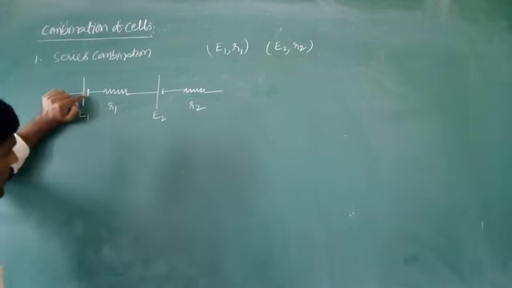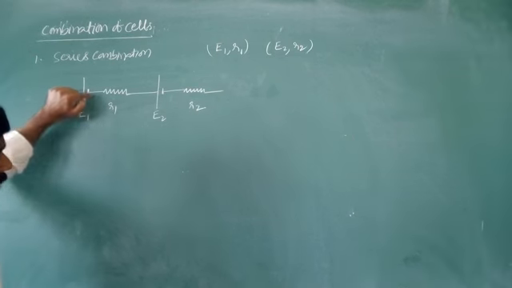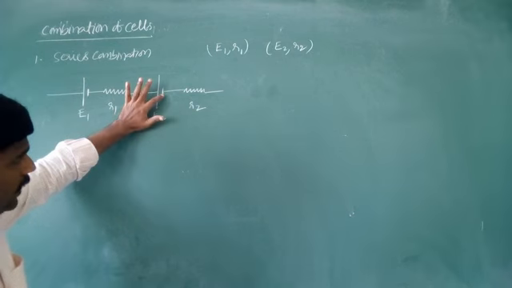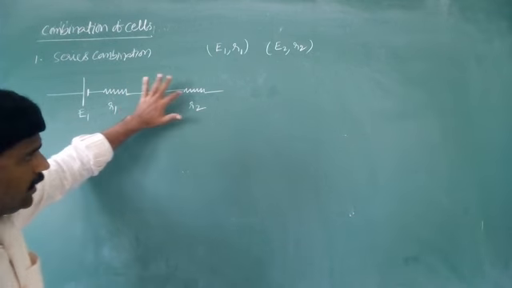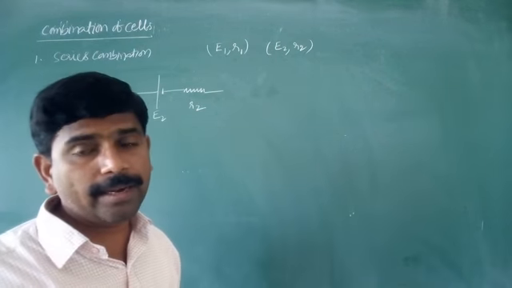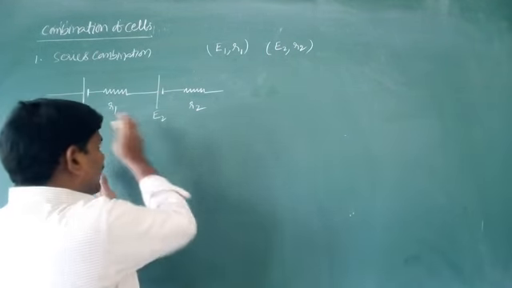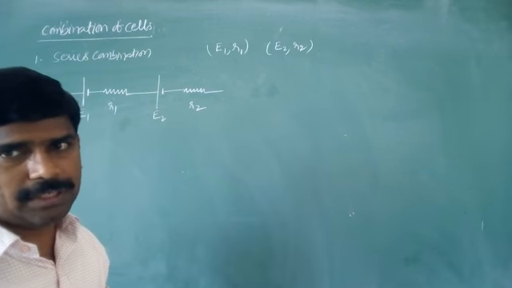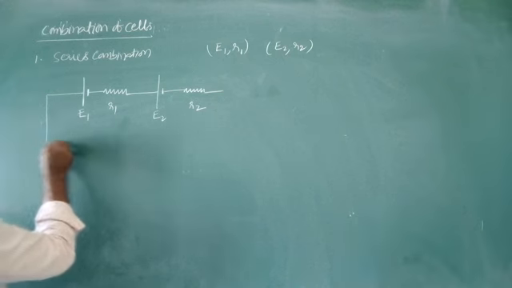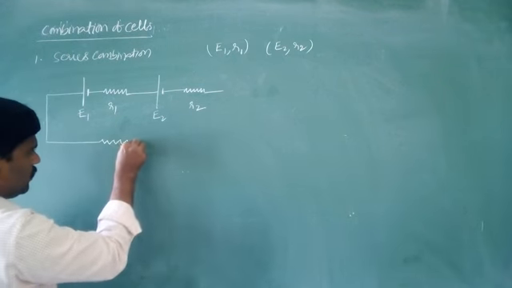Observe here, the negative terminal of the first cell is connected to the positive terminal of the second cell, and the negative terminal of the second cell is connected to the positive terminal of the third cell, and so on. So that we are calling the series combination.